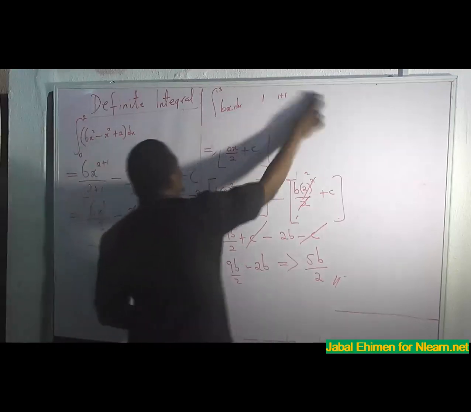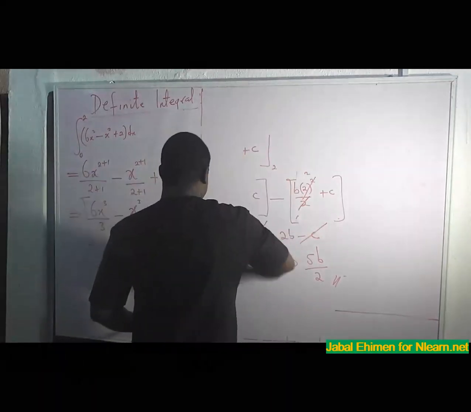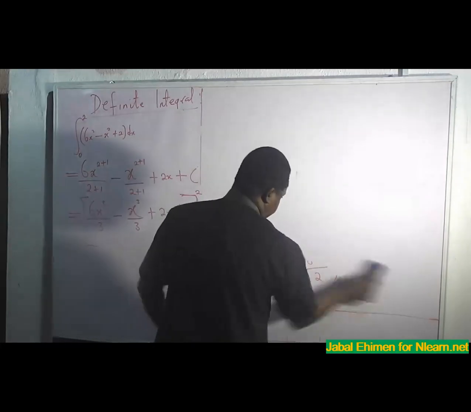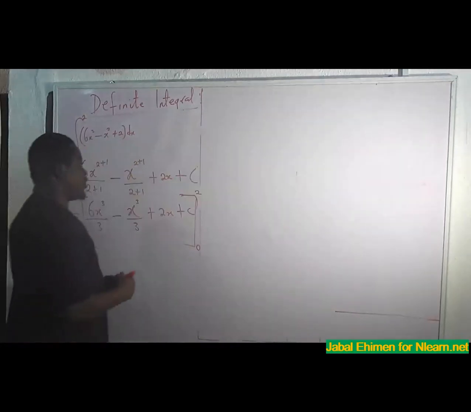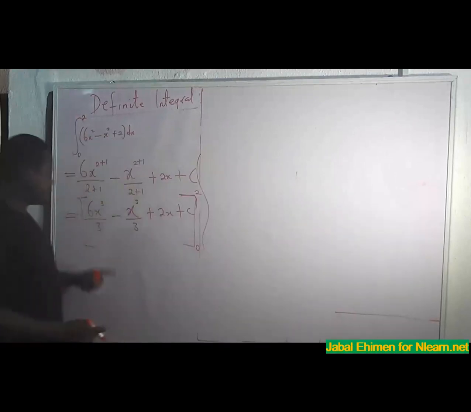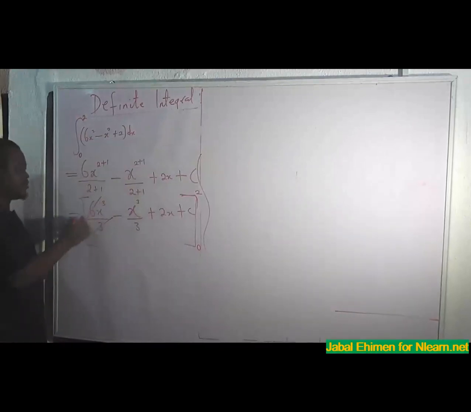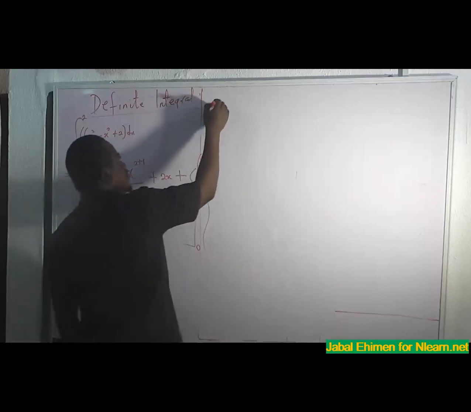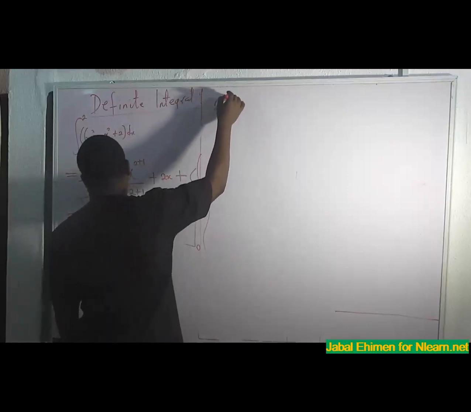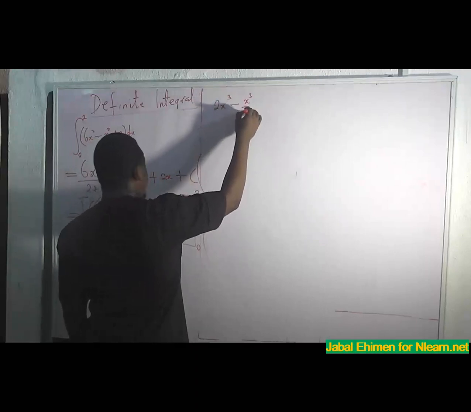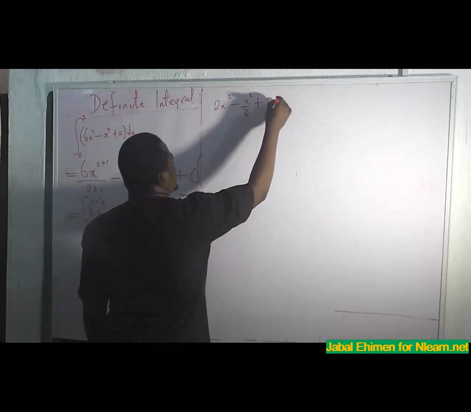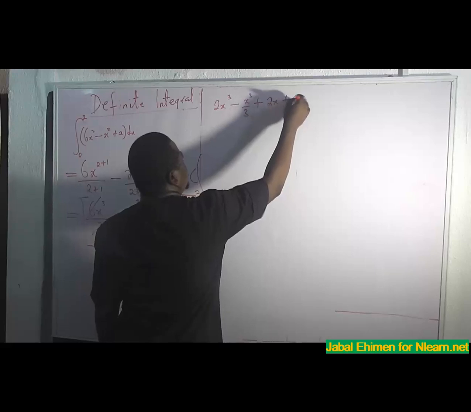We'll continue with the calculation and break it down. It's easy for me to say that if 3 goes here, we have 2. That becomes 2x cubed minus x cubed over 3 plus 2x plus c.